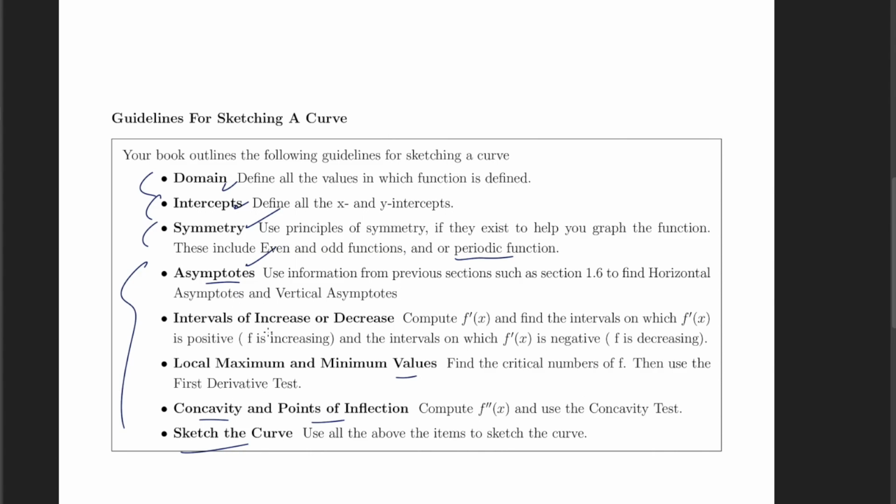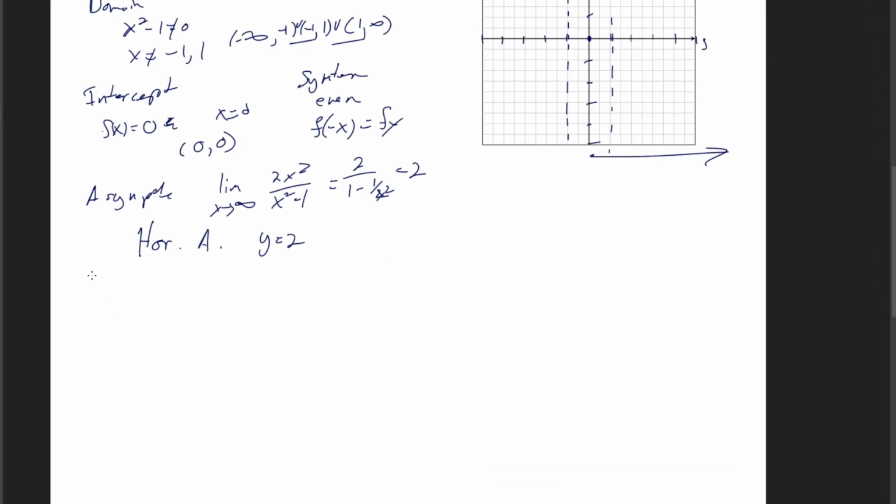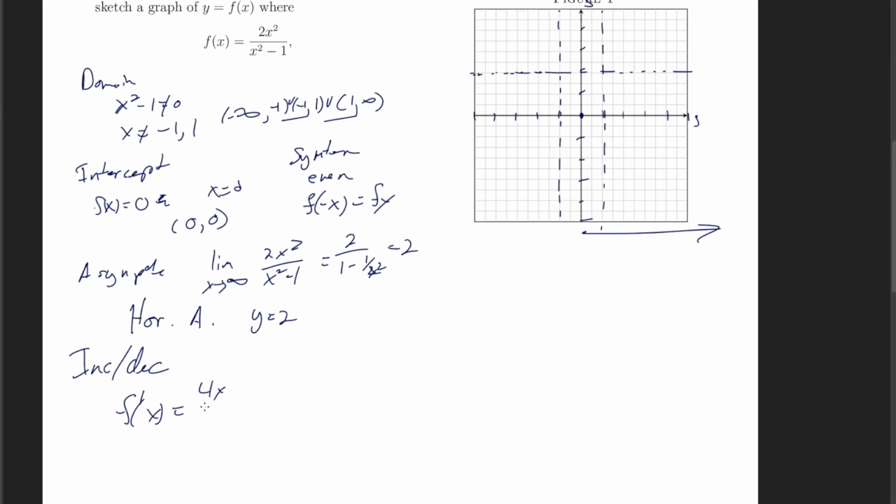So let's find intervals of increasing and decreasing. In order to do that, we need to find f prime of x. If we do that, this becomes 4x times x minus 1, minus 2x squared times the derivative of this.